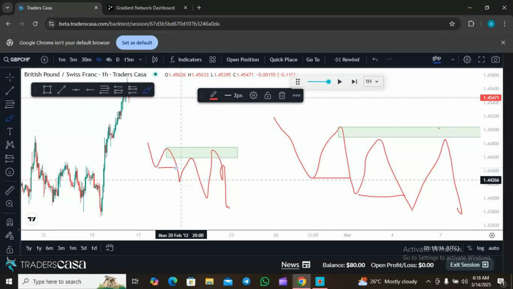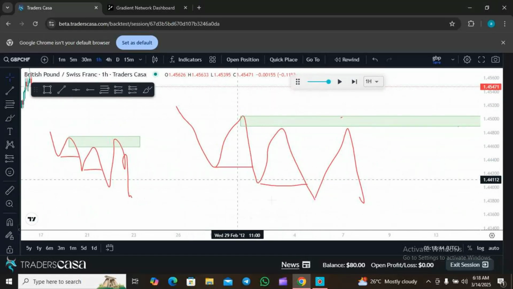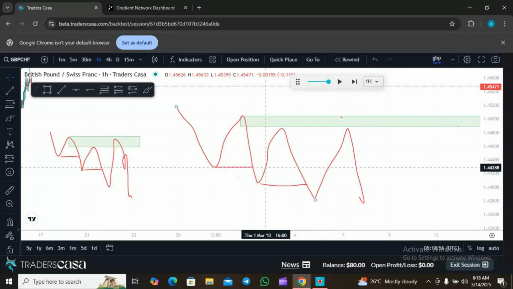Because it occurs in a low probability setup here. If it occurs like this, most times it will work, but it will not work most times, and those times are just 2% or 3% of the times it occurs. But once it occurs in a high probability trade setup like this, giving you an A plus setup, it works 100% of the time, right?